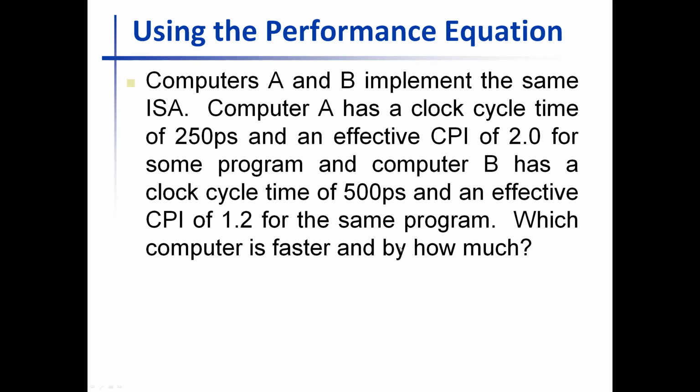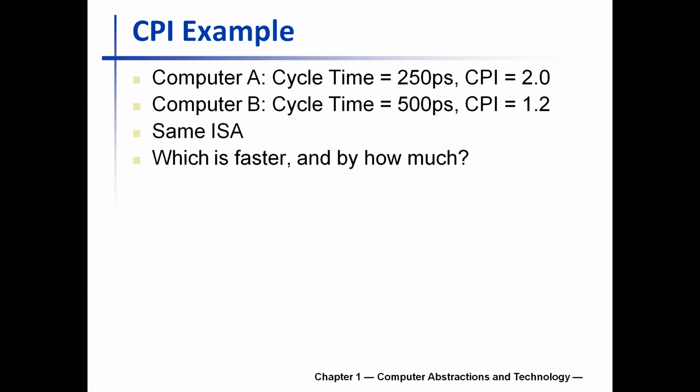Okay, so for this program, which computer is faster and by how much? That is the question. Is A faster or is B faster, and by what factor compared to the other? Here is a summary of the same information.